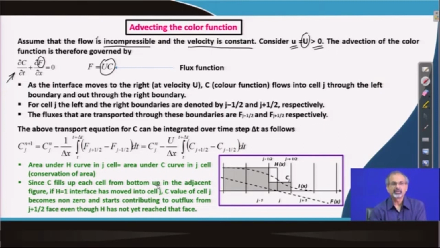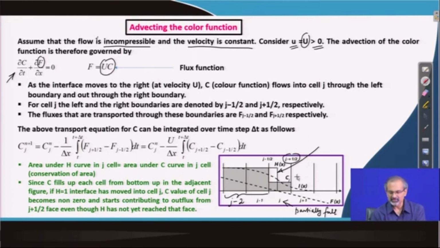What would happen as a consequence? You can already understand that cells j minus 1 and j minus 2 have been completely filled up by the color function as the interface moved, and the cell j is now partially full. When will it be completely full? When ideally the analytical description of the interface, which is defined by the H(x) function, would reach the j plus half face of that cell.